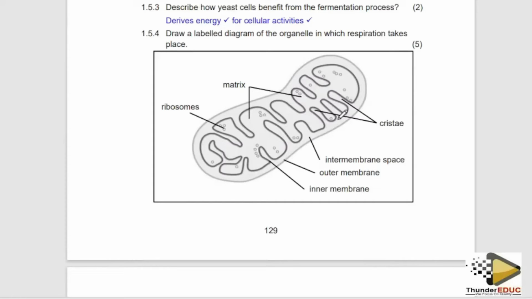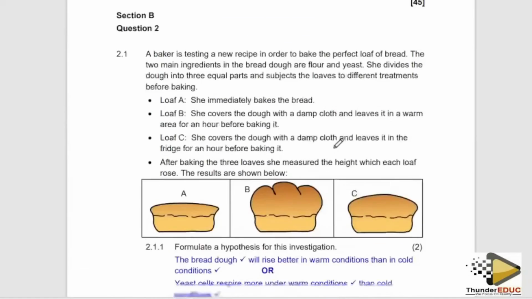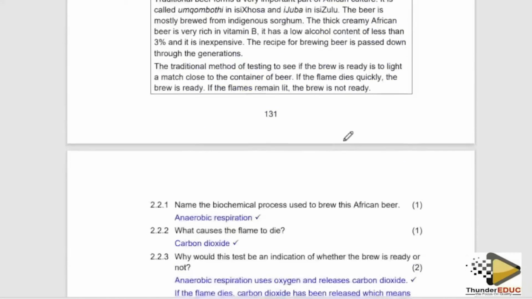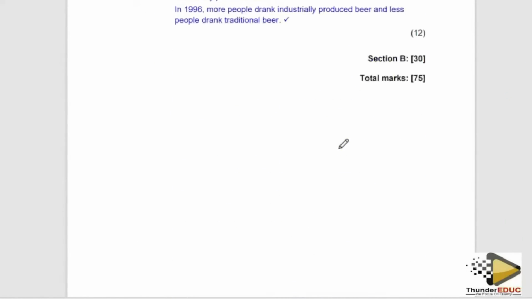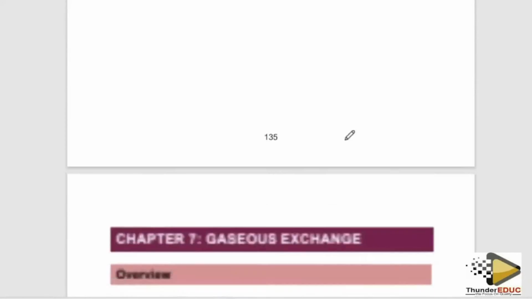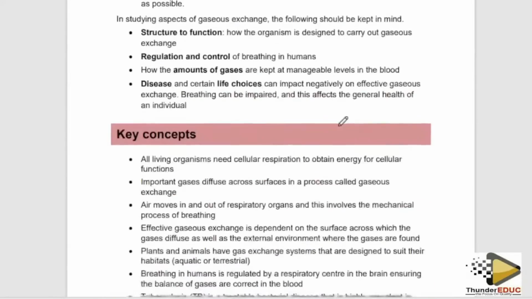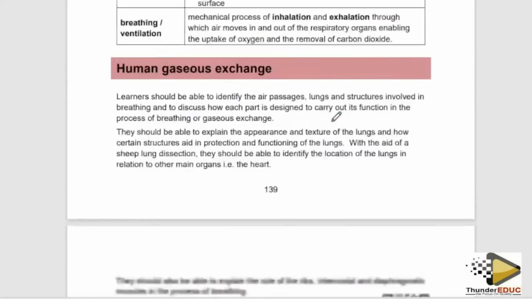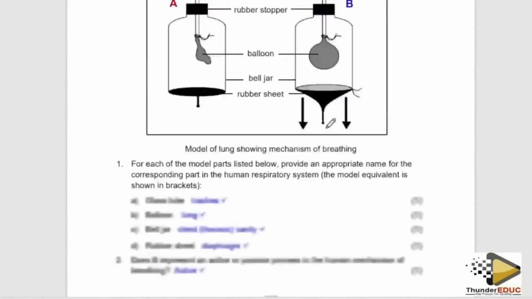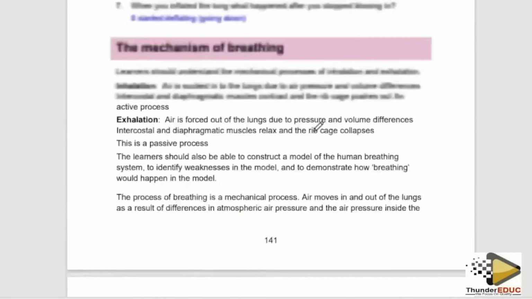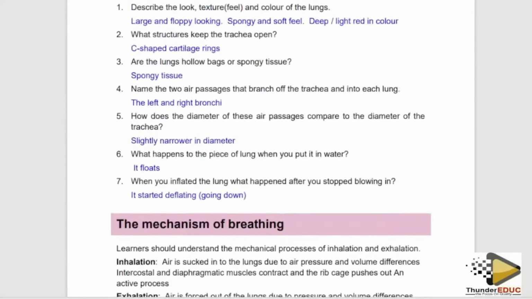Those are the questions, meaning they are not new. If you are just reading without practicing questions, you are in the wrong class. You have to maximize the questions they have given you.